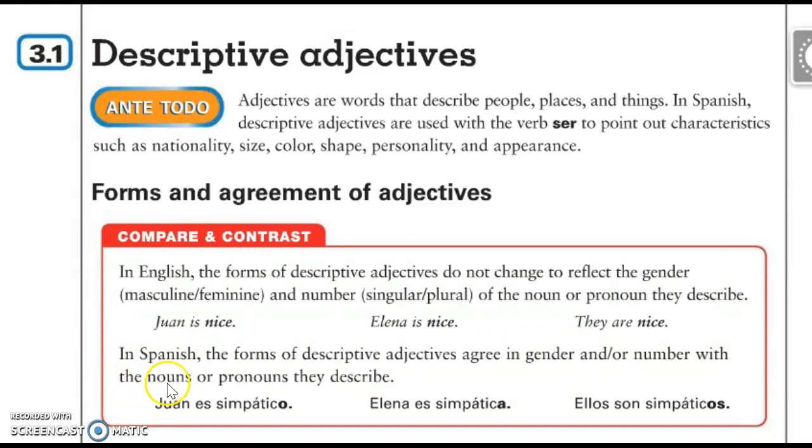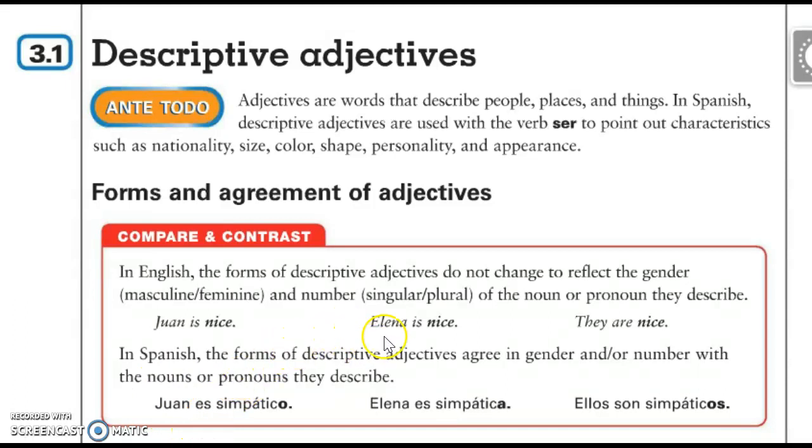So in Spanish, the forms of descriptive adjectives agree in gender and or number with the nouns they describe. So Juan is nice would be Juan es simpático. And please note there the use of ser. This is the third person singular, so you'll see the use of ser is es because we're talking about Juan.